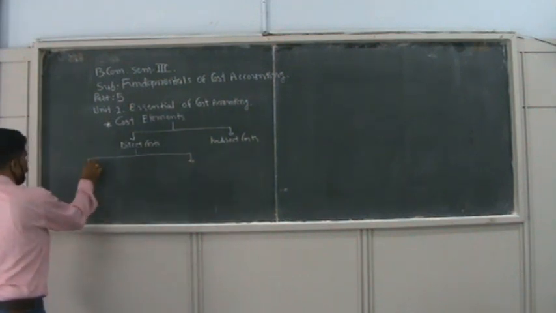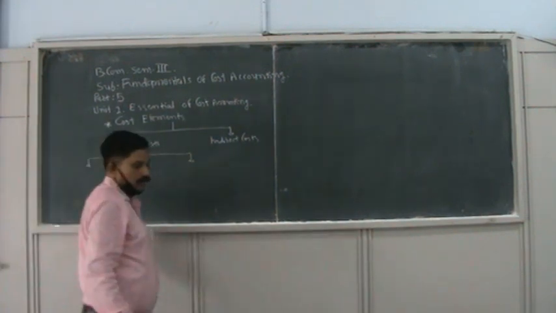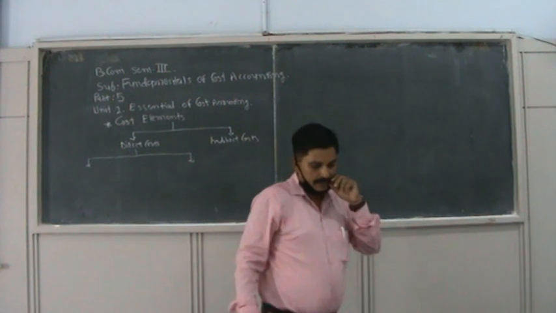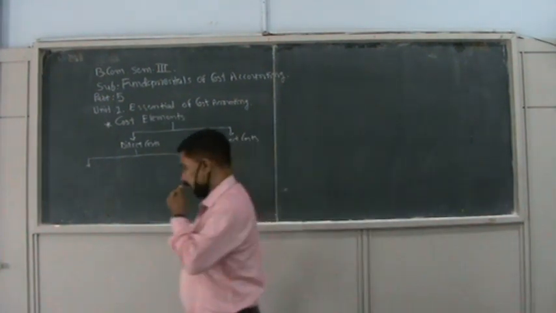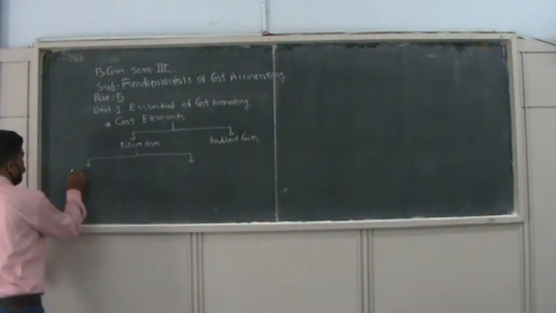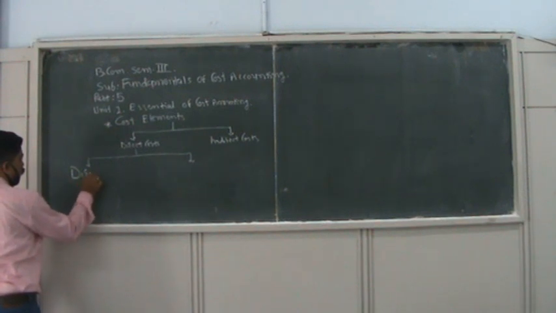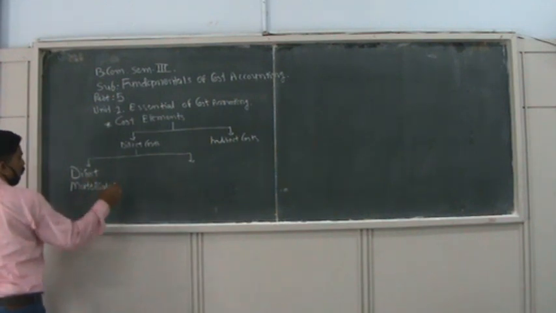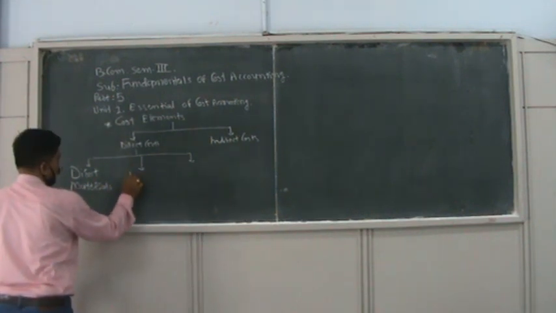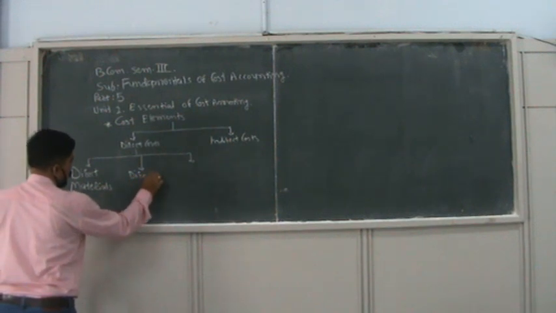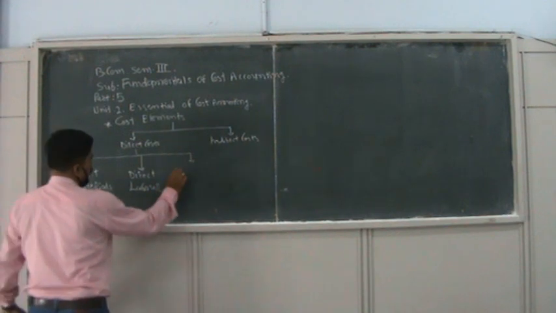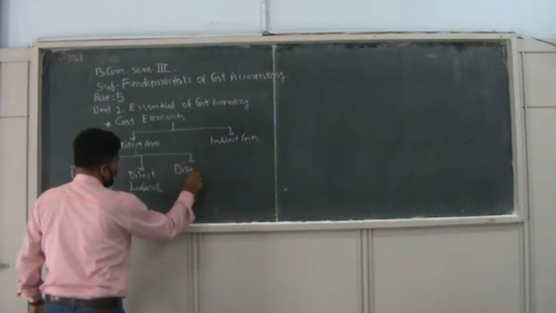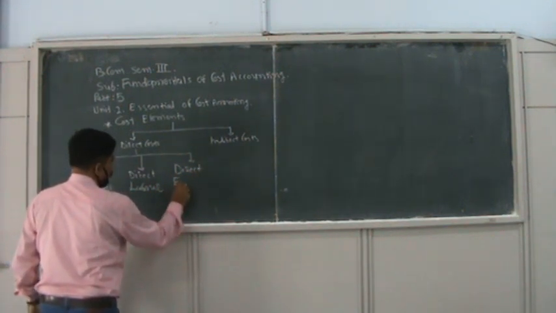Direct cost is divided into three parts: direct materials, next direct labor or wages, and third one is direct expenses.